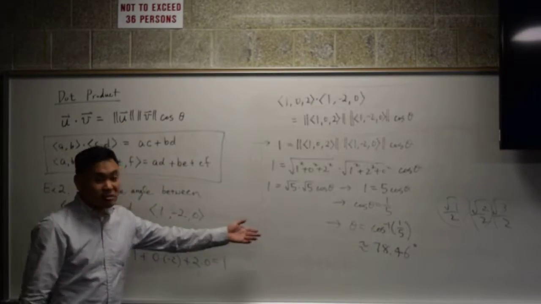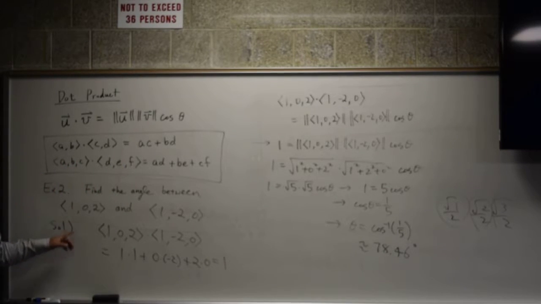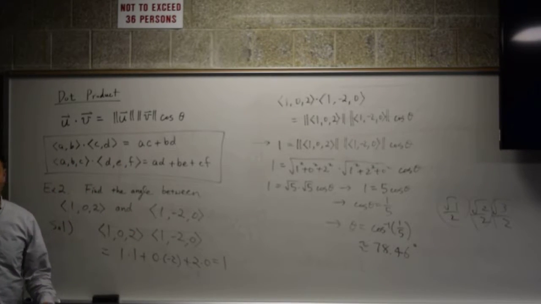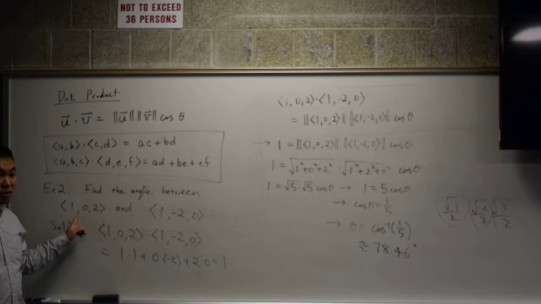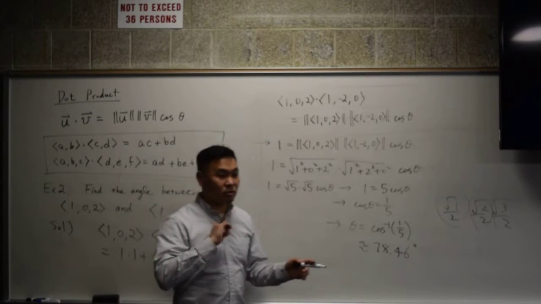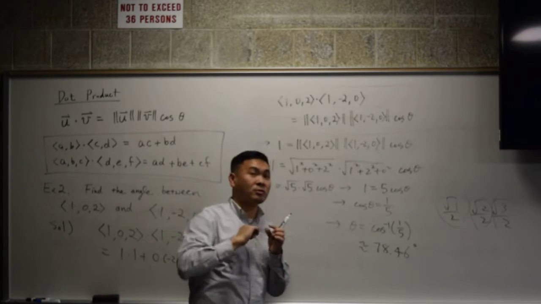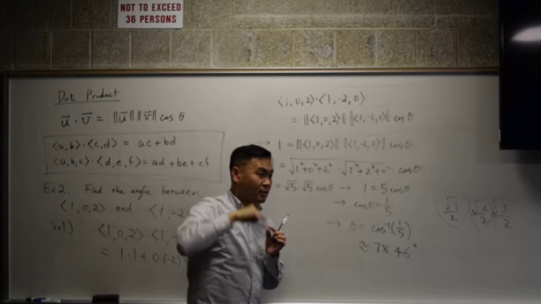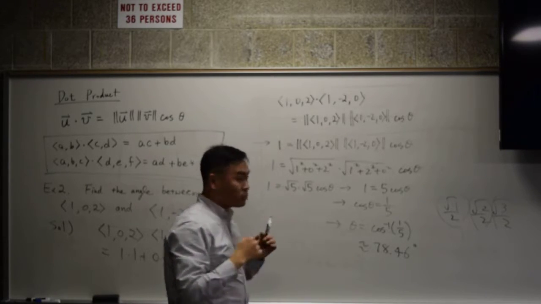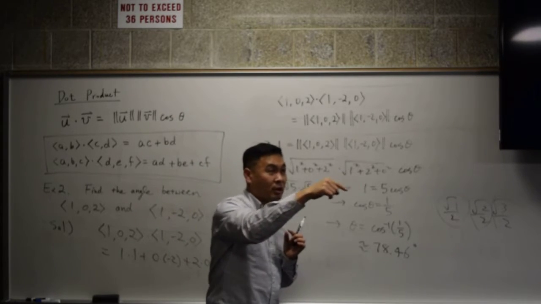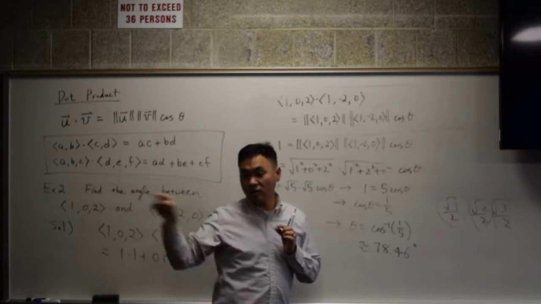And if you think about it, this is pretty impressive. I mean, how would you know the angle between these two vectors? You can draw them definitely. 1, 0, 2. What's that? That means you're going one step in the x direction and 2 steps up. So it's a vector that's going that way, right? And what's 1, negative 2? 1 and negative 2 means actually the opposite. So it's a vector that's like that.